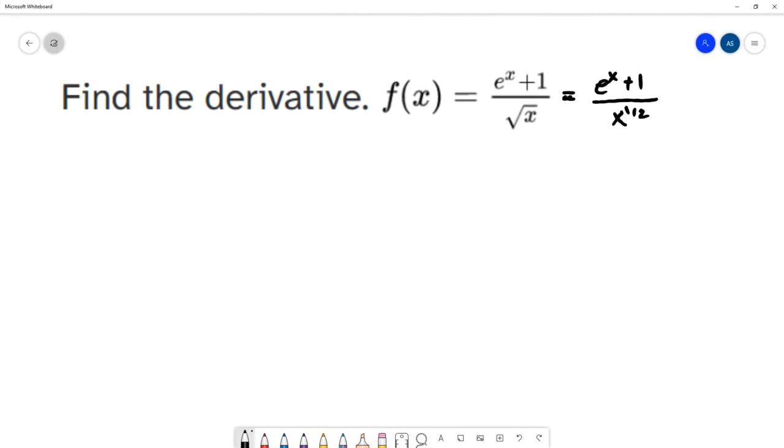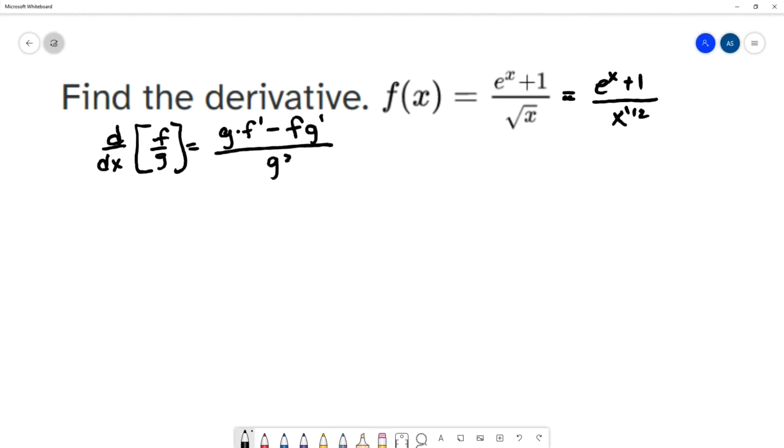Let's also write out what the quotient rule is. The derivative of f over g is the denominator times the derivative of the numerator minus the numerator times the derivative of the denominator, over the denominator squared. That's the pattern that we're going to follow when calculating this derivative.